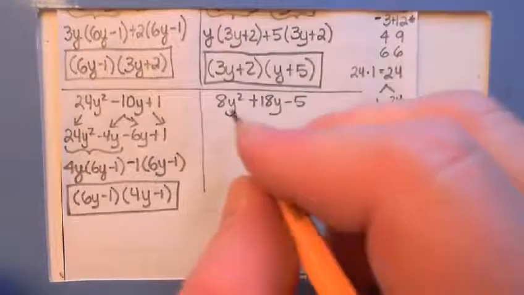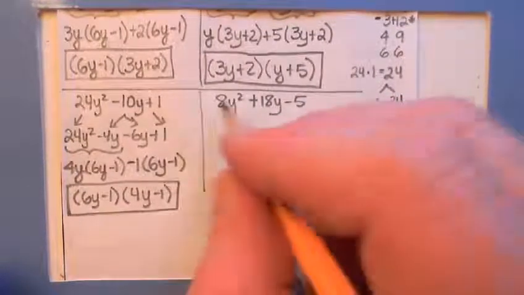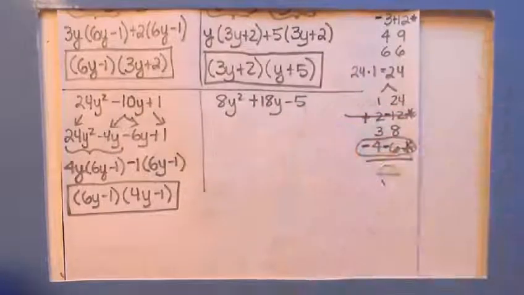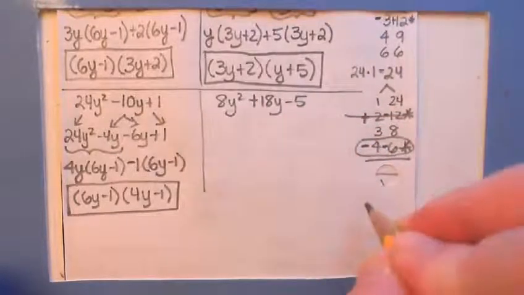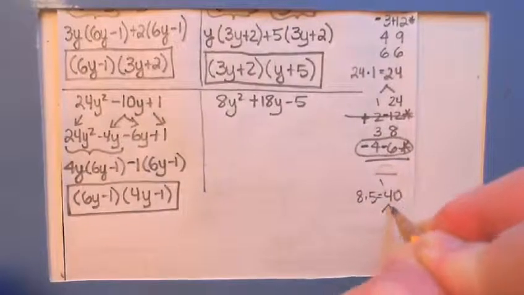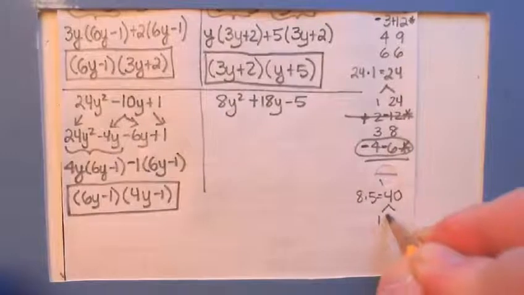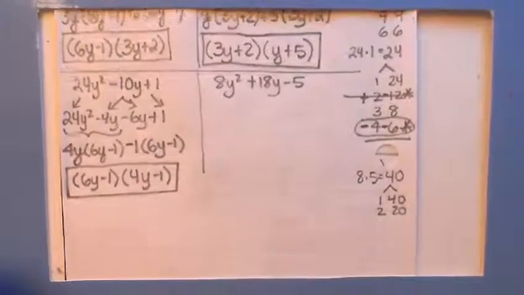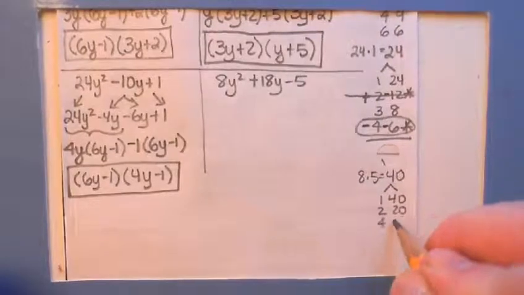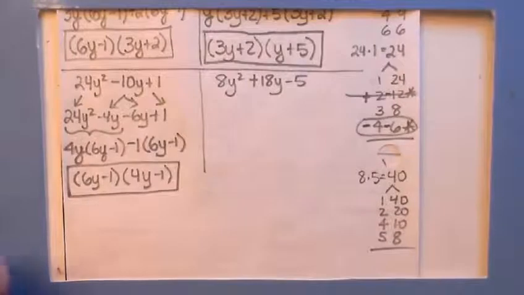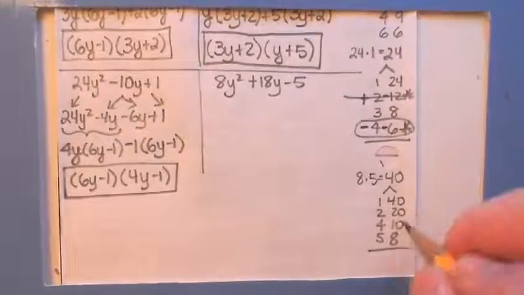And the next one, 8 and 5. There's nothing I can factor from all three. There's no perfect squares that I can use, so it'll be 8 times 5 equals 40. What numbers give me 40? 1 and 40, 2 and 20, 4 and 10, 5 and 8, and I believe that's it. And I'm looking for something that gives me 18.